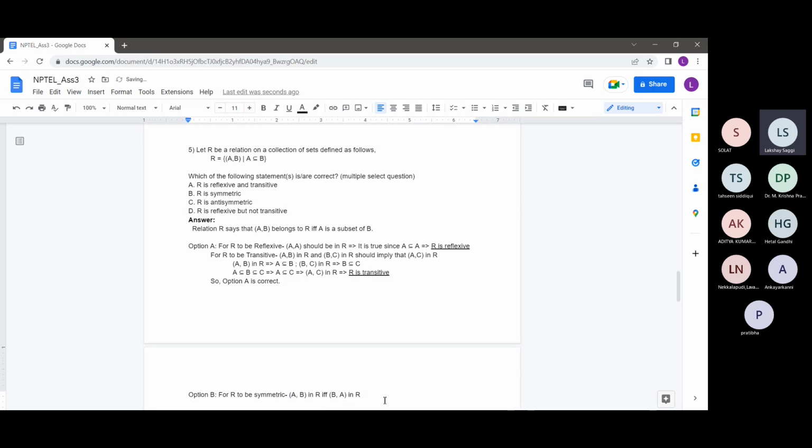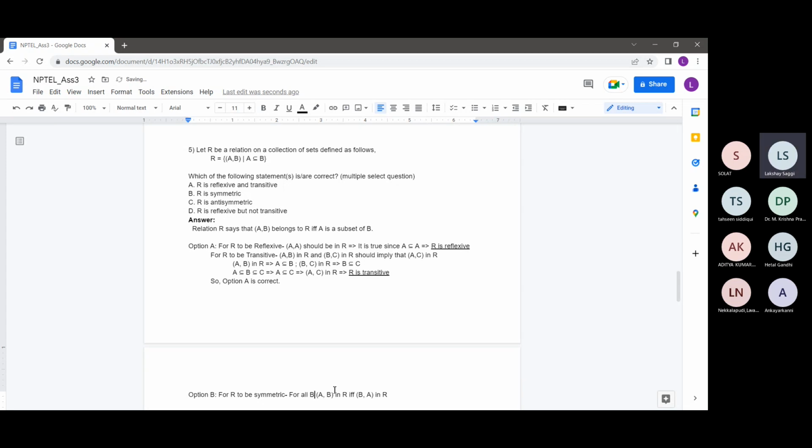And generally for symmetric, you guys can also assume that B is not equal to A. This is the not-equals symbol.